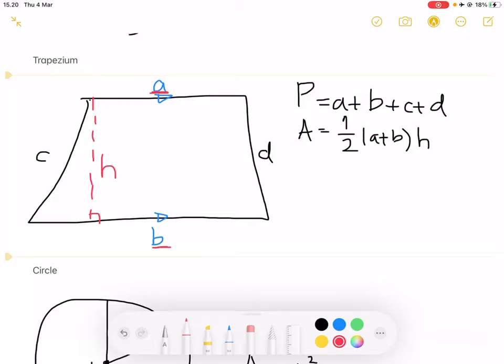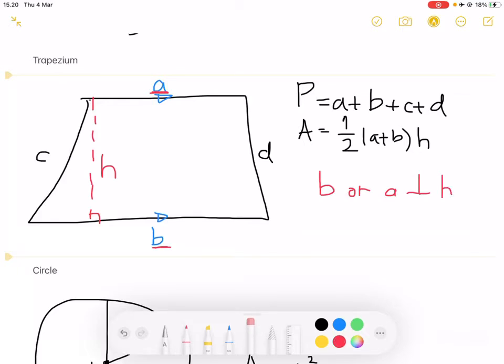And again, we must ensure that the base, or in this case A, or possibly any of those parallel lines, is perpendicular to the height H.